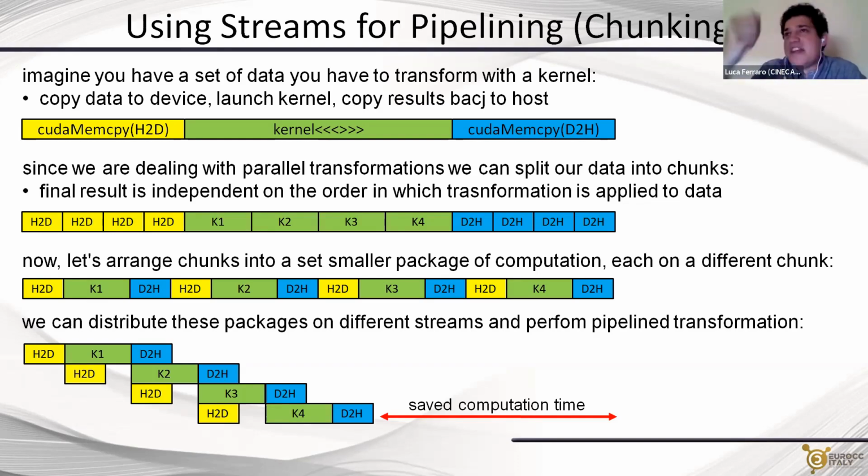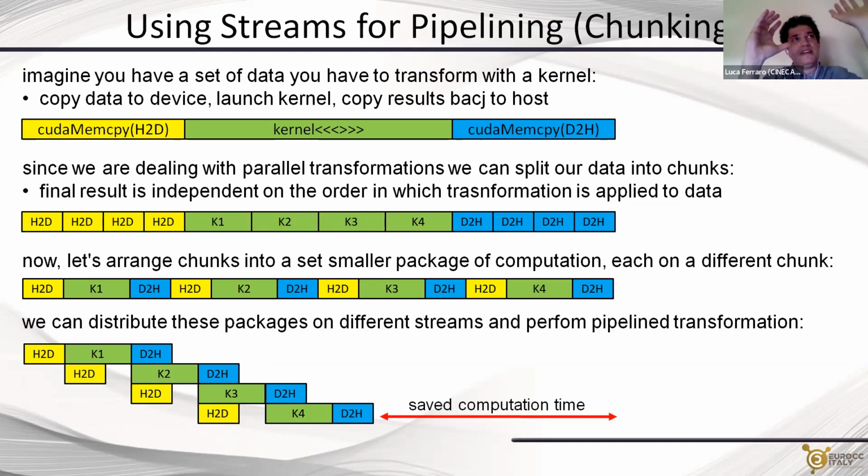And then retrieve data in 4 device to host CUDA memcopy operations. Since we are dealing with parallel transformation, the order in which this computation is performed is irrelevant to the results.